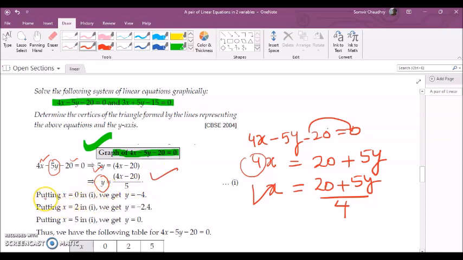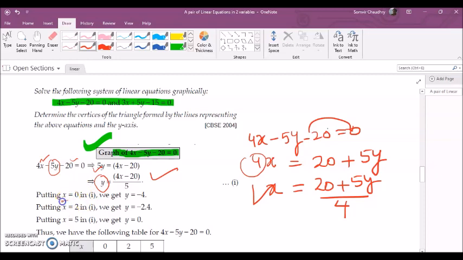Now after doing this step, we are going to put some values, because on the right hand side there is our x. We will keep some values which are nearer to the origin. जो origin के आसपास की values होती हैं हम उन्हीं को रखने की कोशिश करते हैं.